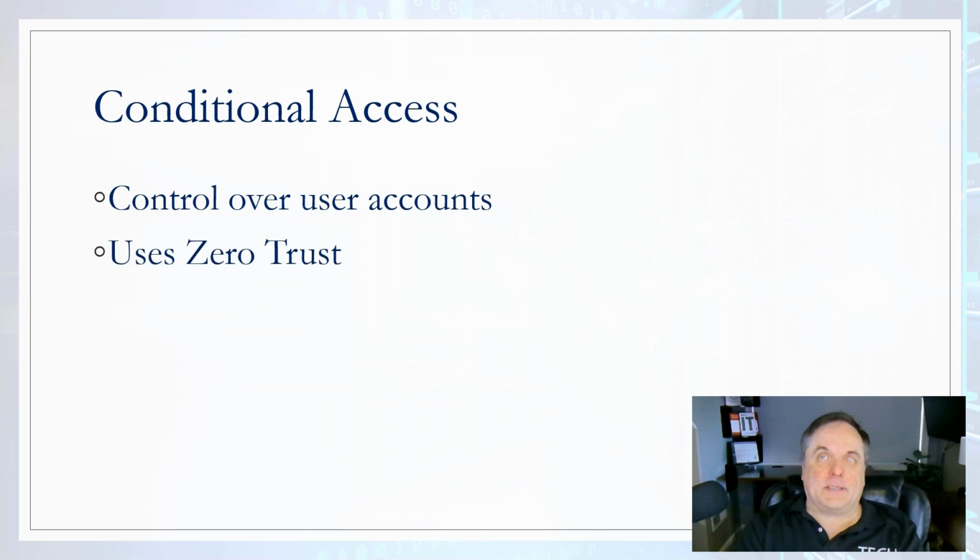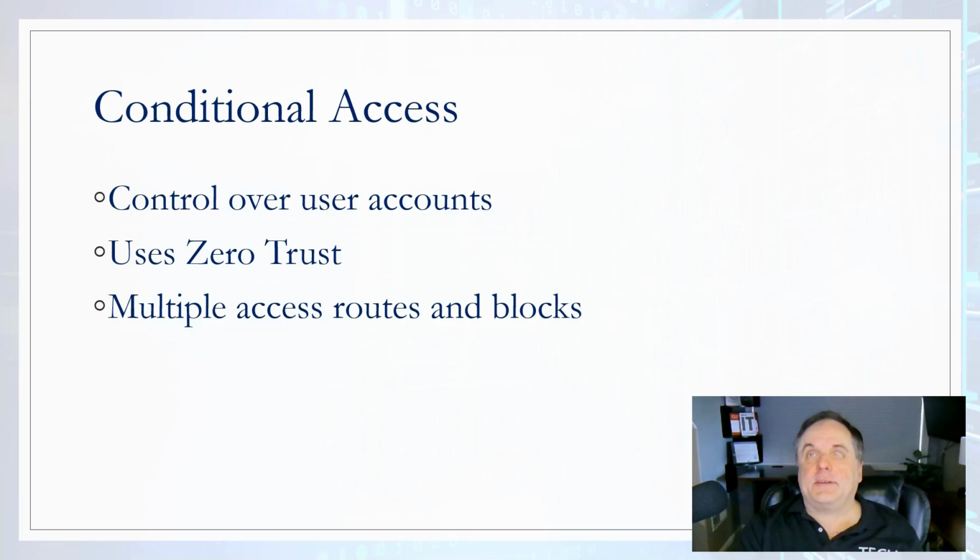Conditional access is considered what's called a zero trust policy engine, and it allows organizations to enforce access controls based on conditions. And I'm going to do a demonstration of how to do this later on in this video. If a user wants to access a resource, such as install an application, then they must satisfy certain conditions, such as performing multi-factor authentication to gain that access.